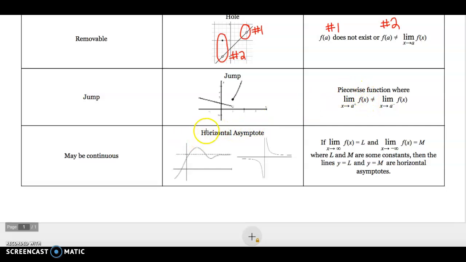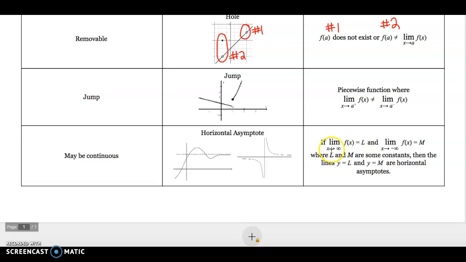And then last but not least, horizontal asymptotes technically aren't discontinuities, so I just said they may be continuous. Horizontal asymptotes basically happen anytime your graph approaches a number to the left or to the right. So as your x values go forever to the right, your graph approaches some value.